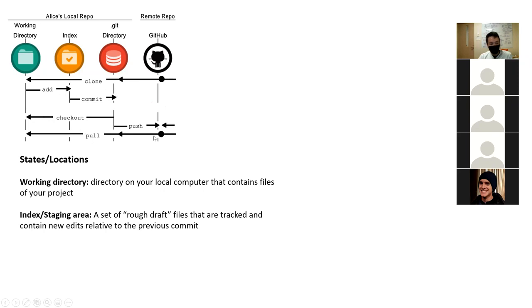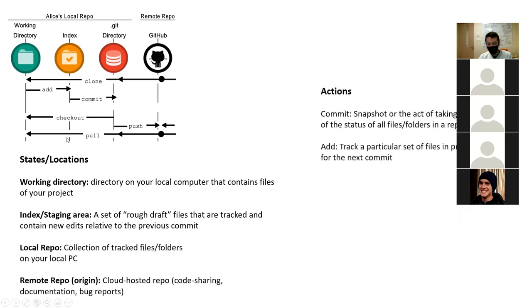It's basically if there are new commits that other people have made on the cloud that your local repository doesn't have. It's the action of bringing those into the local repository. I should have gone through this.